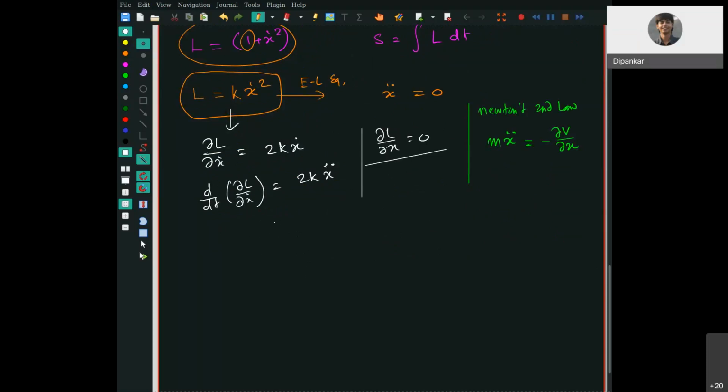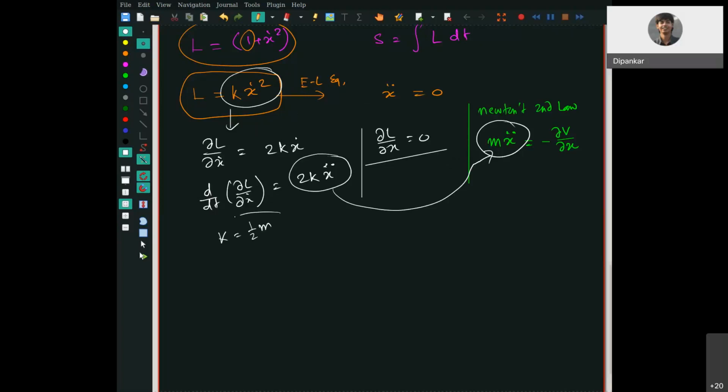Now, if I try to connect this with Newton's second law, I see that a term like 2k x double dot is already present here. So I can guess that this m x double dot term will come from a term like this. And if I take k equals m by 2, this term fixes it.